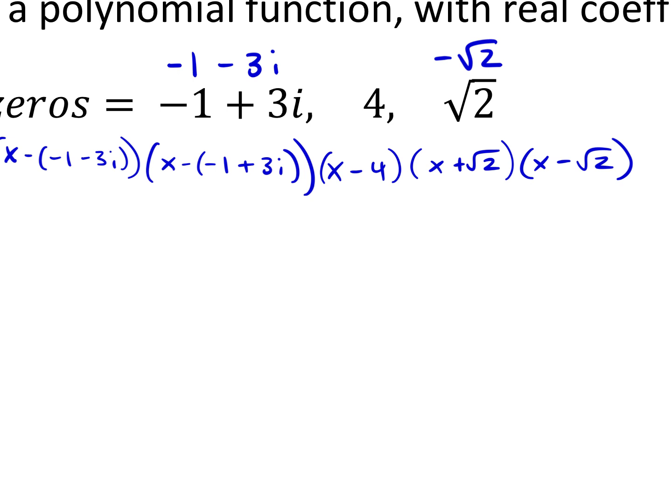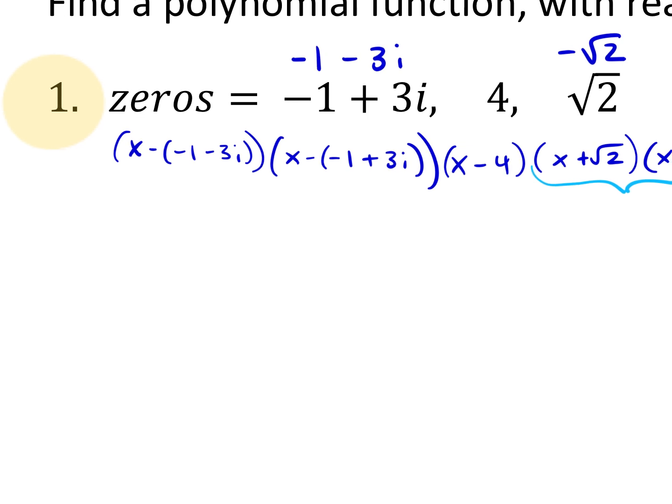Remember, we always want to FOIL out the complex conjugates first because we can do our conjugate shortcut. So I'm going to FOIL the first 2 together and the last 2 together first. With the first 2, before I FOIL it out, I want to simplify it, so I'm going to distribute the negative.